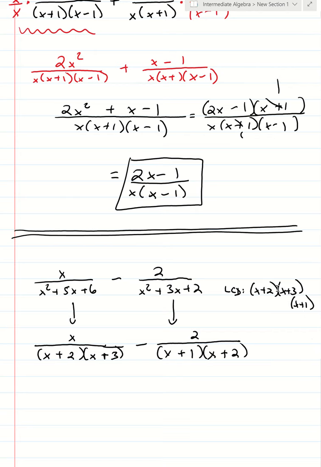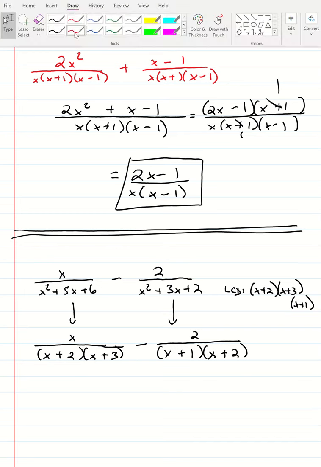It is these 3 parts being multiplied together that form the lowest common denominator. I don't have to include the x plus 2 a second time. And now, to form your common denominator, once again, we need to multiply by what is missing.